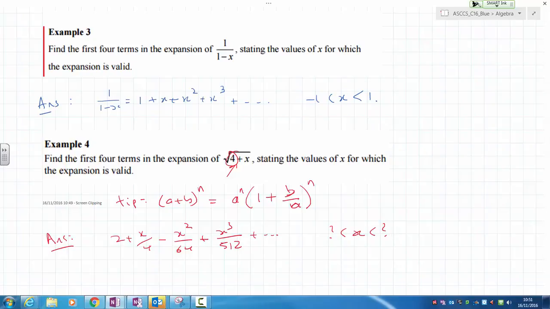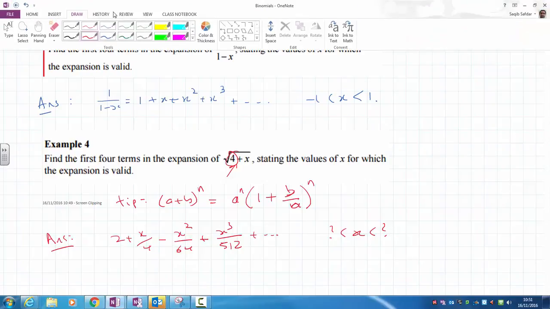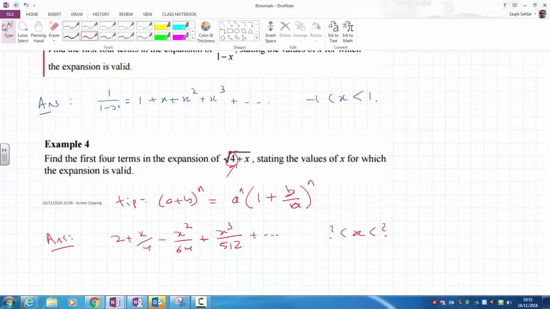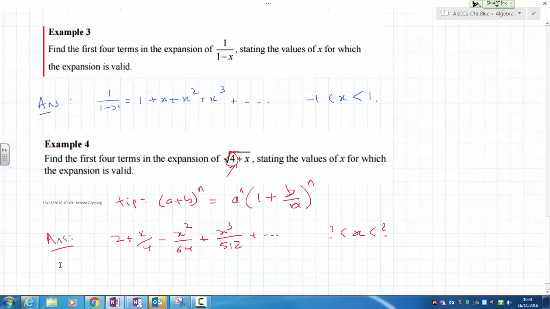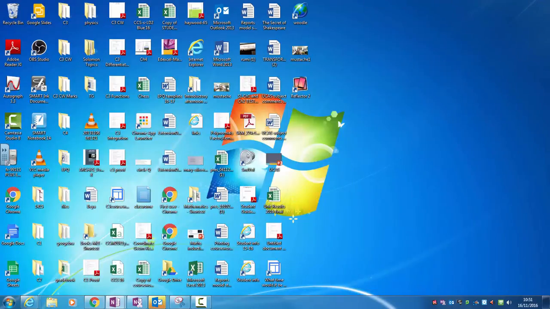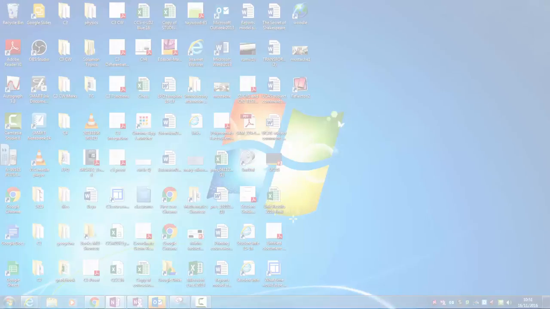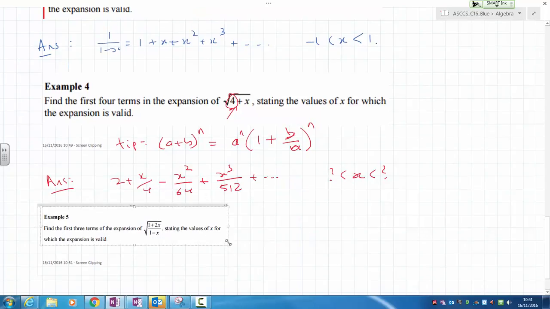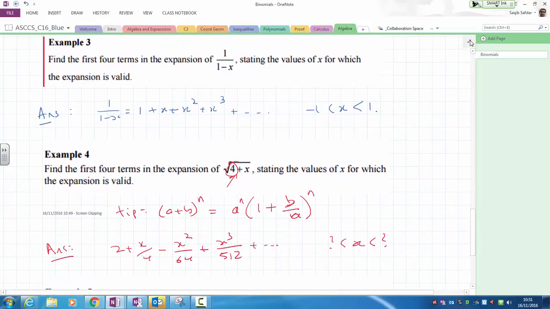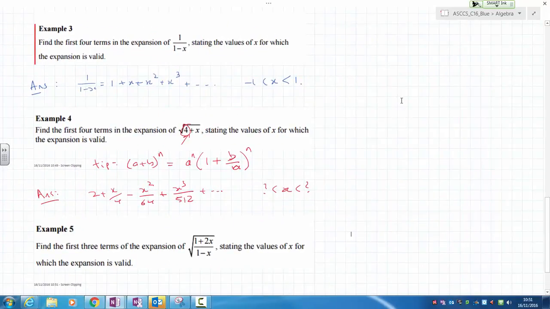And you've got enough information there to also do example 5. Let me just put that in. And I'll leave this as an extension. It's this one here. Let me zoom out a bit.